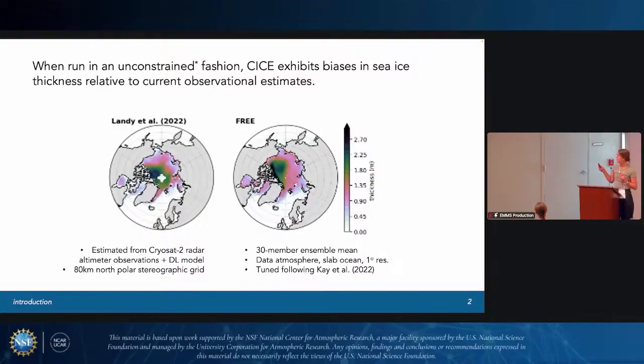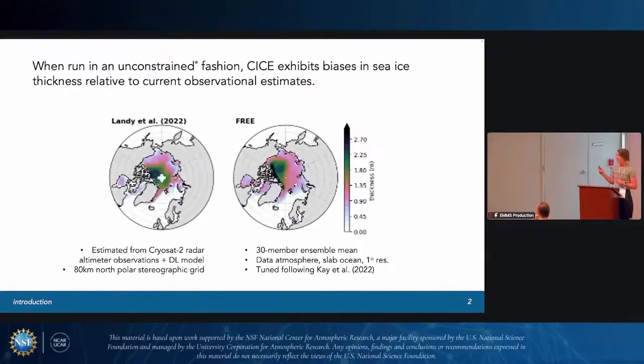And then I'm comparing it on the left to a recent observational estimate of sea ice thickness over a similar time period that's been estimated from the Cryosat-2 radar altimetry observations. And you can see that not only does our model tend to overestimate sea ice thickness in many parts of the Northern Hemisphere, it also exhibits a different spatial distribution of thickness than the observations would otherwise indicate.